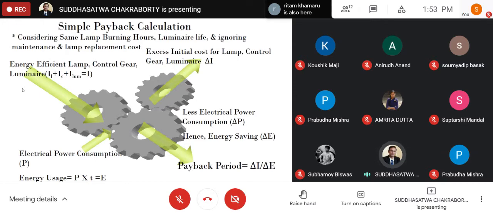The payback is how fast you recover the extra investment you have made. That's what we call the payback period. Say, for example, you have invested 250 rupees in excess by introducing the electronic ballast, and you have seen that in your monthly electricity bill you are saving 50 rupees.